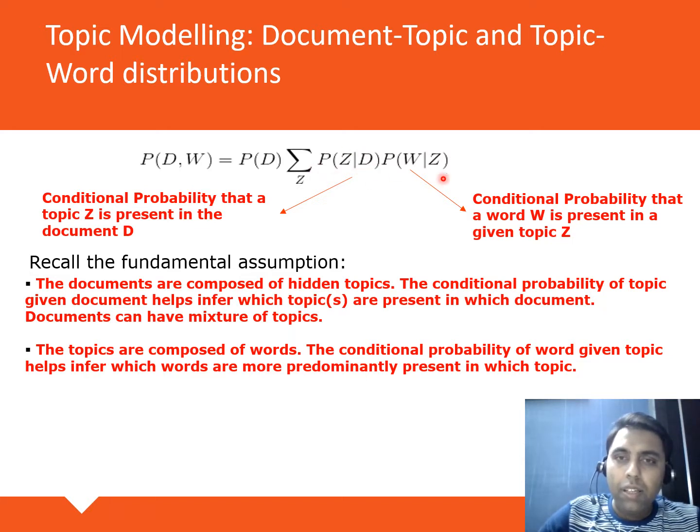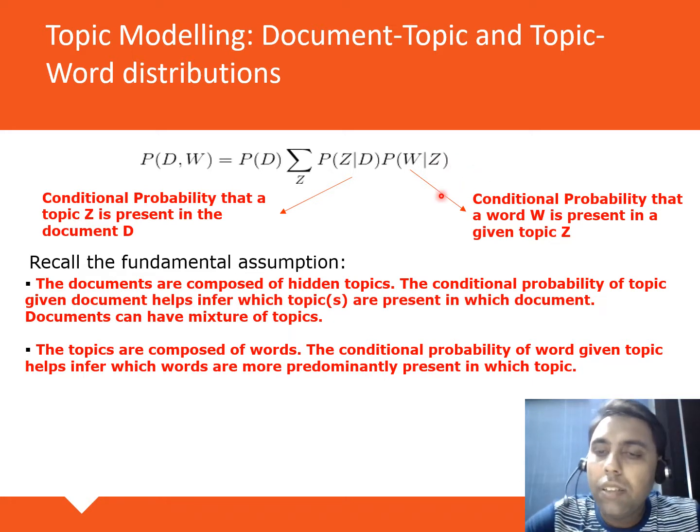The first one is called the topic given document probability, and the second one is called the word given topic probability. Recall that in a topic model, the two basic tasks are to find the distinct hidden topics, and then within each topic to find the most prevalent words.